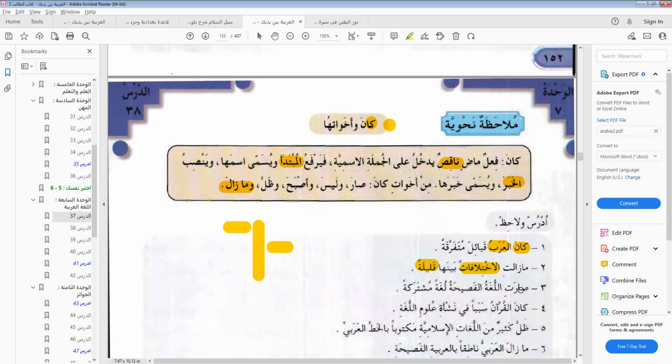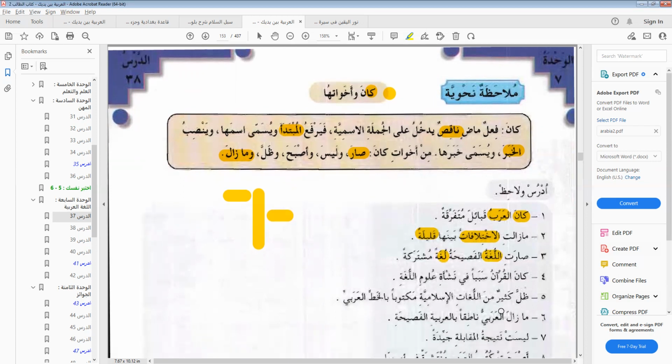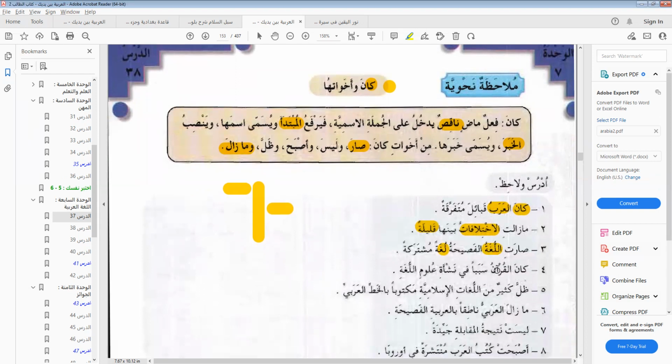Then Sorot, also a sister of kana, where a ta was added like mazalat. Sorot al-lugatul fasihatu lugatan. So Sorot, al-lugatu is the ismu Sorot. Then lugatan is the khabaru Sorot. Then you have kana al-Qur'an. Al-Qur'an becomes the ismu kana here, and sababan becomes the khabaru kana.